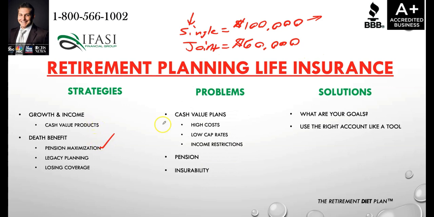So a way somebody can leverage life insurance for a pension maximization strategy is maybe for a $20,000 premium, let's say it's going to cost $20,000 for $1 million of life insurance.